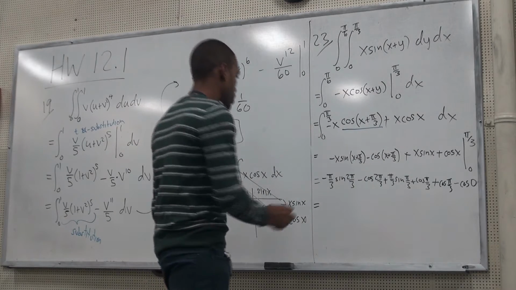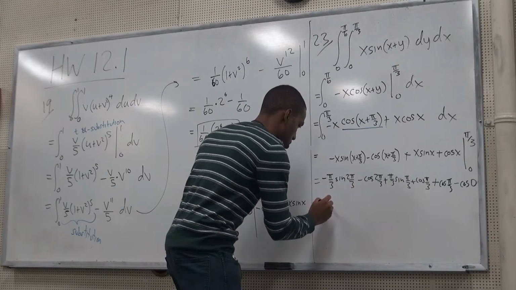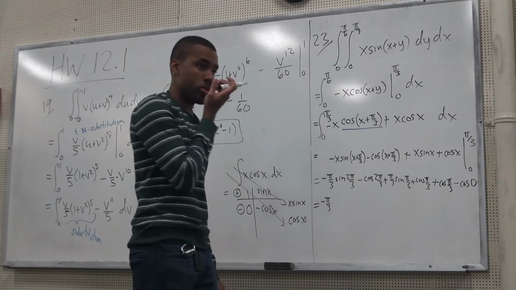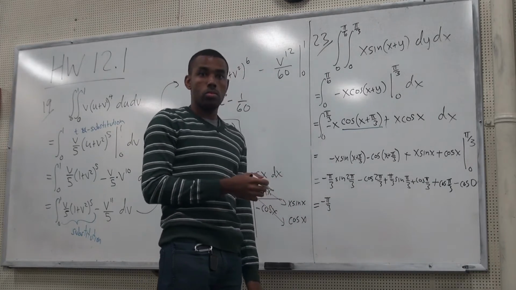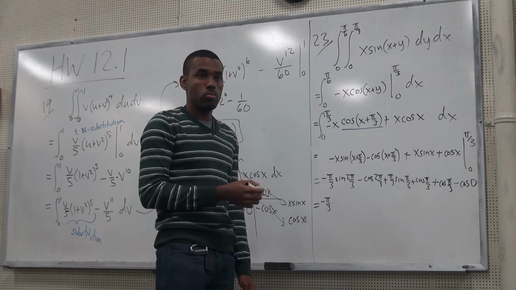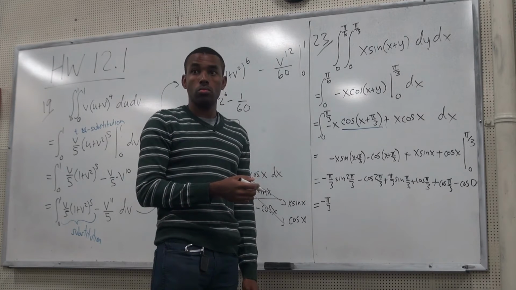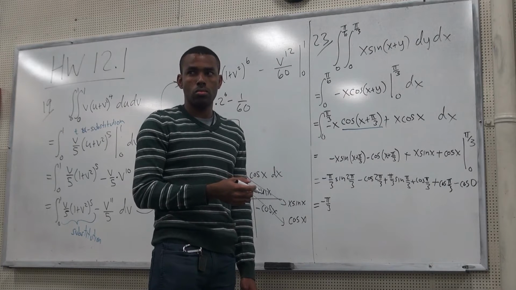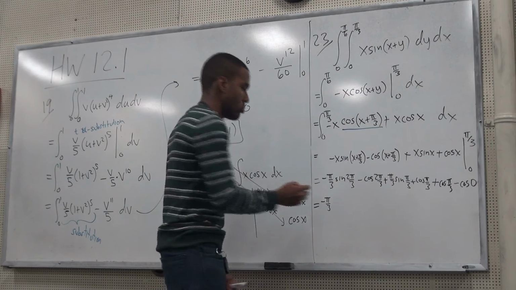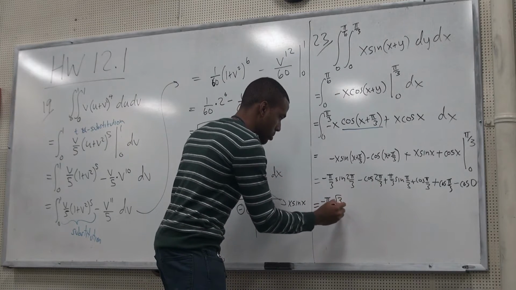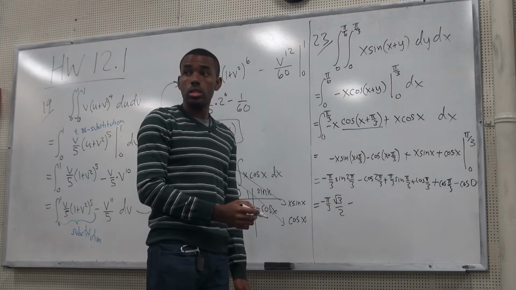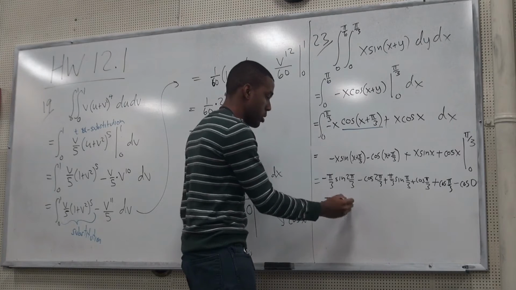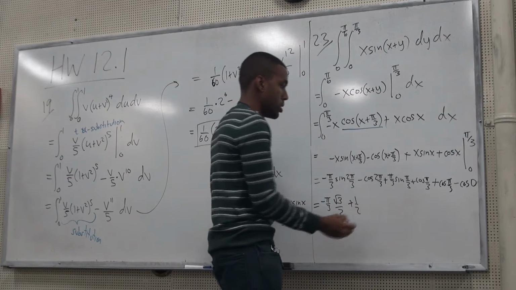And so what do we have here? Minus pi over 3. Sine of 2 pi over 3 is what? You guys are taking too long. Cosine of 2 pi over 3 is negative 1/2, so the negative here makes this positive 1/2.